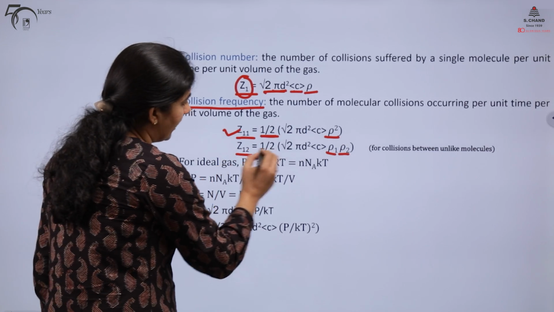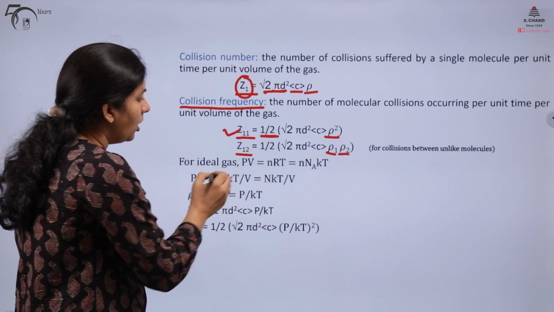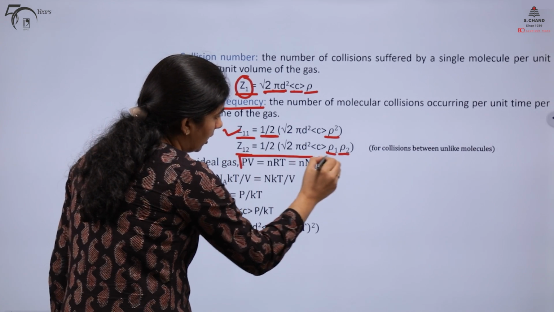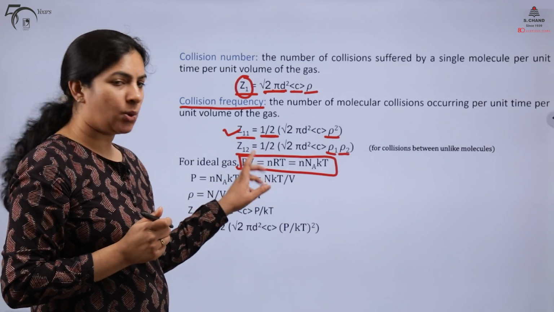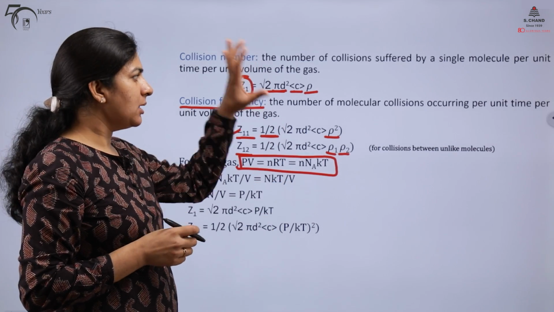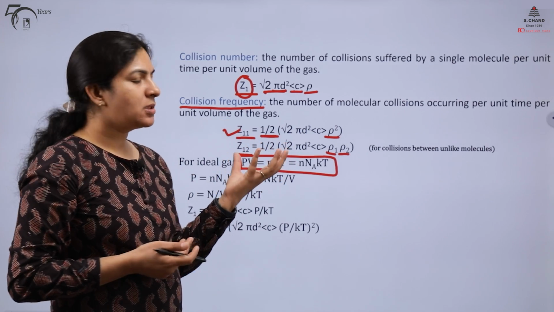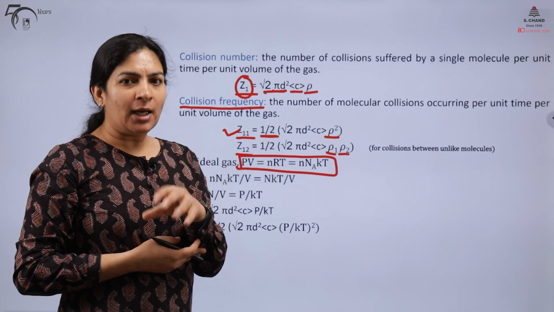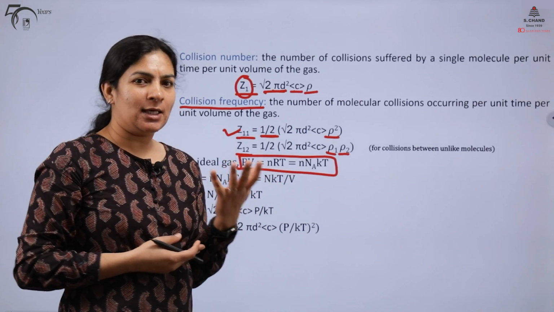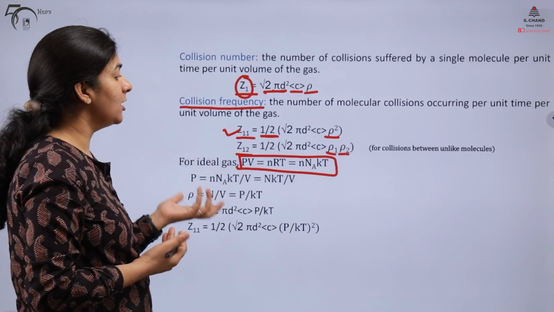Now, this is the expression for collision frequency. Now, we all know the ideal gas equation, PV equals nRT. Remember that we are discussing this collision phenomenon by assuming that gases behave in an ideal manner.